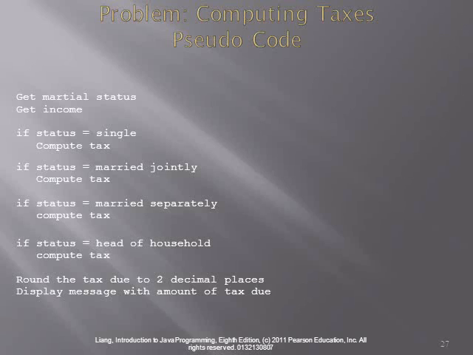We don't have to, at this point, concern ourselves in the implementation with computing the tax. We could, in our programming, simply replace the compute tax line with a message displaying what status was selected, and could then run that program, test that we are getting to the right area of the program based on status.